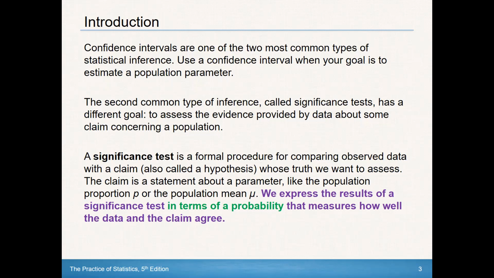And that probability is going to be used as a gauge to measure how well the data and the claim agree with each other. You express the results of a confidence interval with a lower and upper bound at some type of confidence level. With a significance test, we're going to present a probability to measure how well our data from the sample and the claim agree with each other.